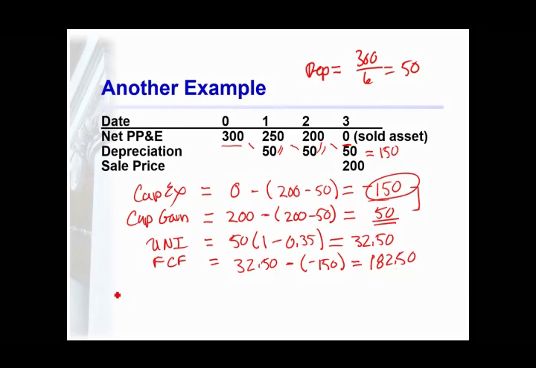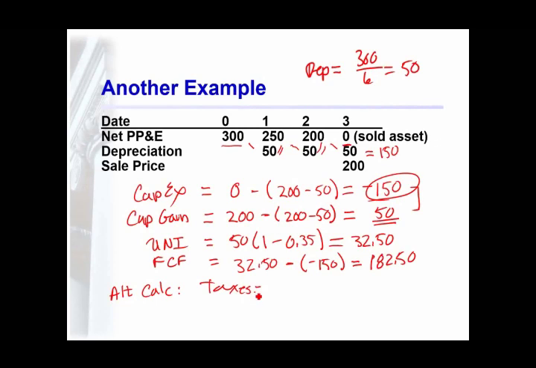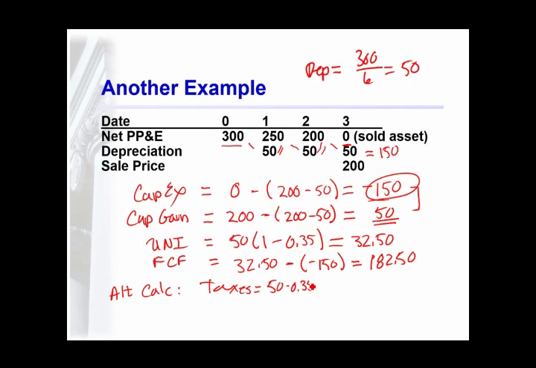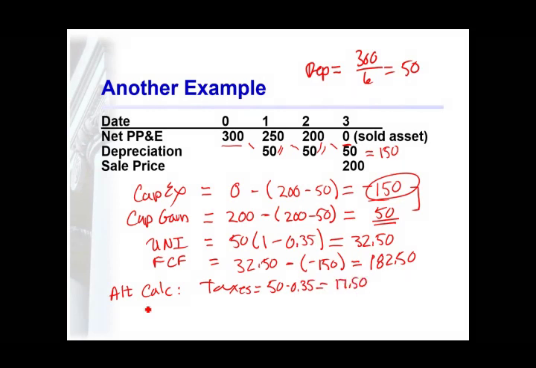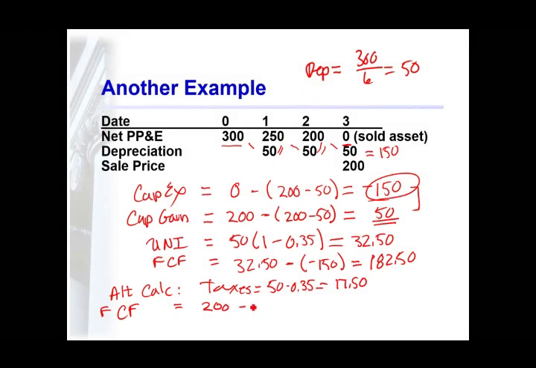Now you could do this as an alternative calculation. You figure your taxes based upon the taxable income. 35% is $17.50. And then your cash flow is the revenue that you get from selling the combine minus taxes.